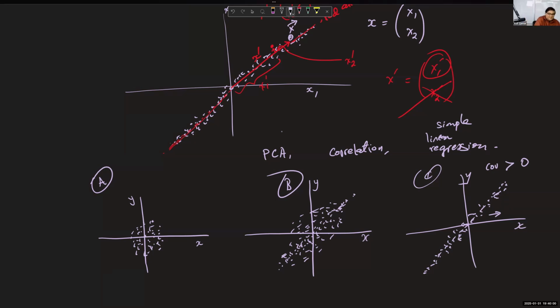And while we are at it, might as well throw in a different situation, D also. When we look at D, and once again ask this question, when X increases, does Y increase or decrease? When X changes, varies, does Y vary with it? Right? It does, right? But it varies the opposite way.